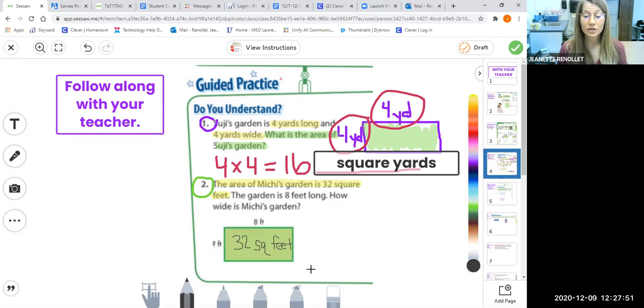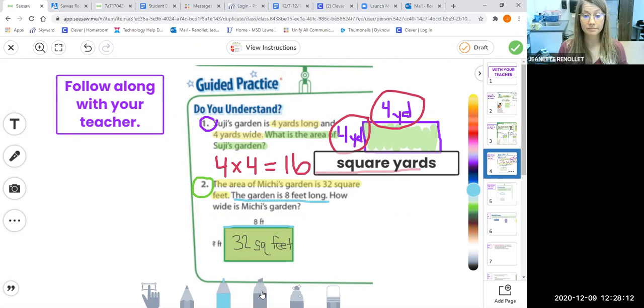Next, it says the garden is 8 feet long. Did they show me that on my model? Let's check. Yes, they did. They showed me this side is 8 feet long. It's right there. Okay, let's keep going.